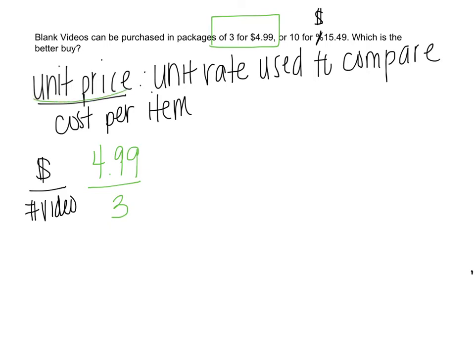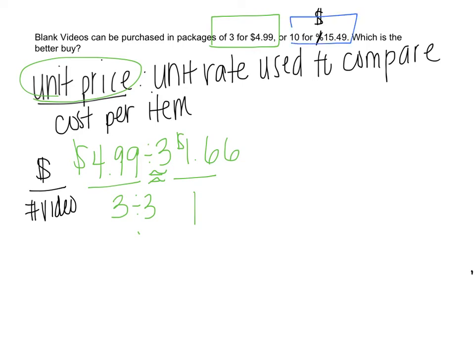Now if I want to find the unit price, I always want to find 1. So I'm going to divide by 3 in my denominator, and divide by 3 in my numerator. And this again is going to be an estimate. So it's about $1.66 for one videotape. See if you can try this second one on your own.